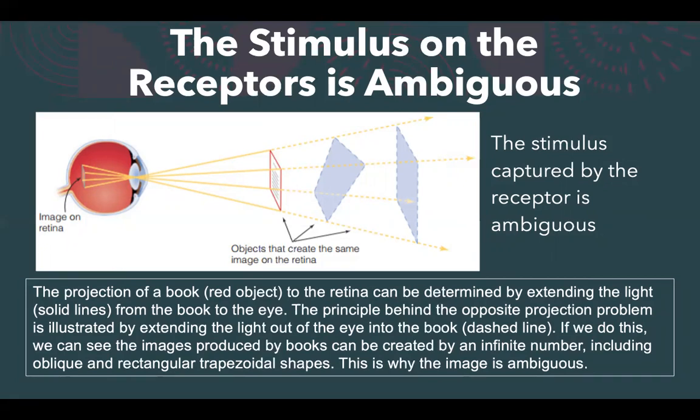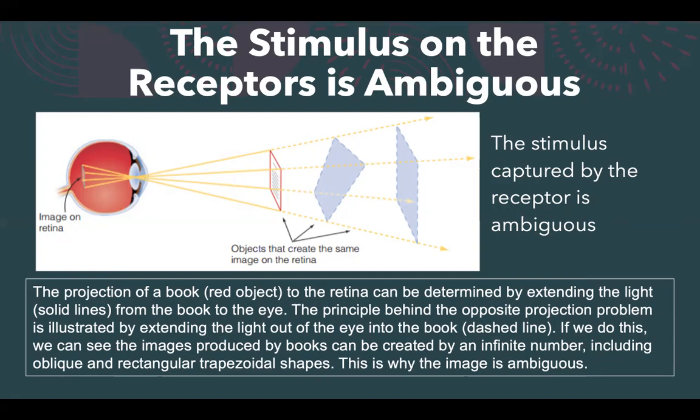When we do this, as shown by extending the lines in this figure out from the eye, we see that the retinal image created by the rectangular page could have also been created by a number of other objects, including a tilted trapezoid, a much larger rectangle, or an infinite number of other objects located at different distances.